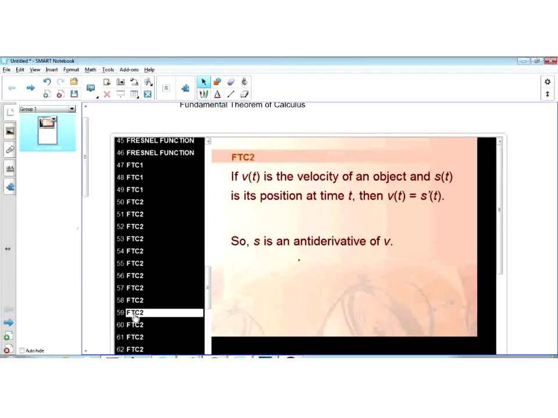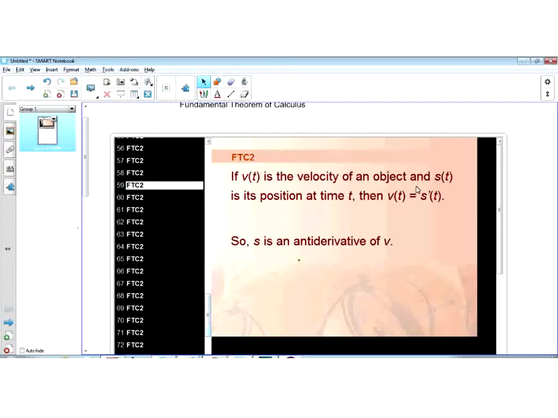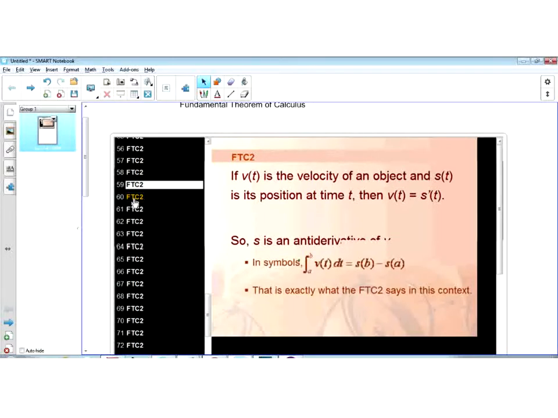So I guess we have some examples now. If v of t is the velocity of an object and s of t is its position at time t, then the velocity is the derivative of the position function. So the position function is the antiderivative of the velocity function.